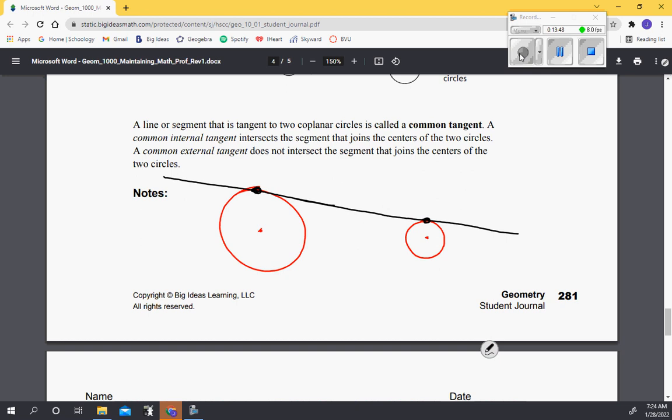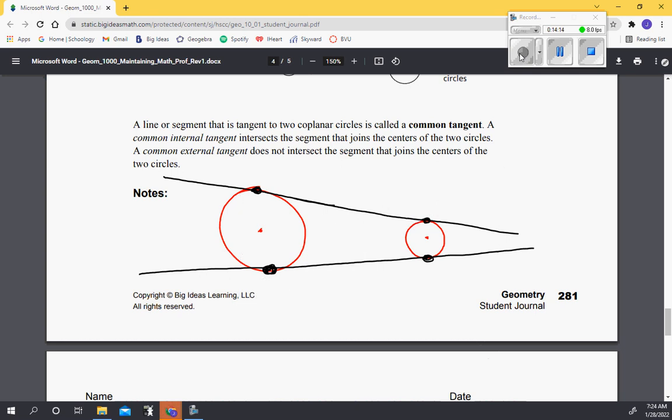Another common tangent of these 2 could be right here. Pretend this is only touching at 1 point. Sorry, it's a bad drawing. And this point. All right. These are common tangents. Another common tangent could go through this point and, oh, that's a bad one.